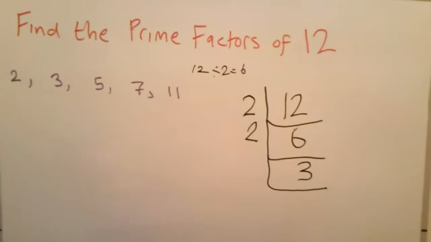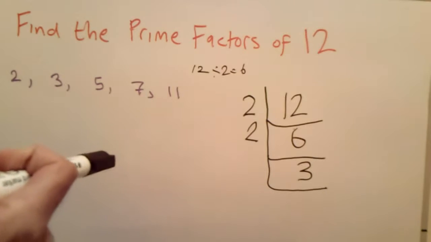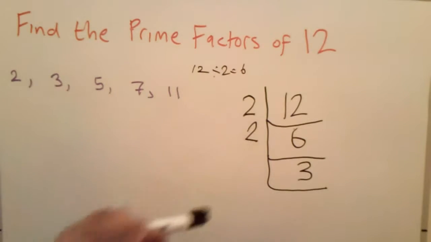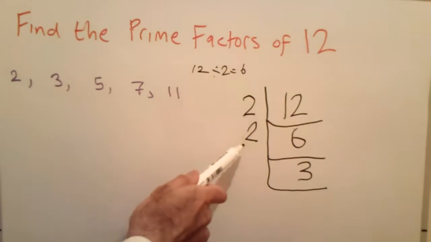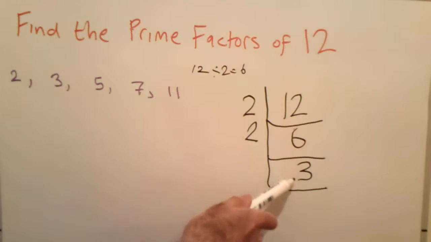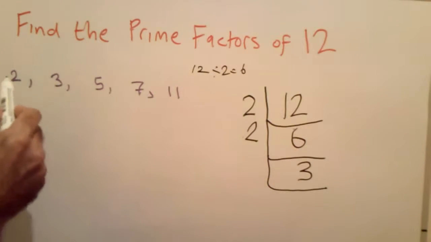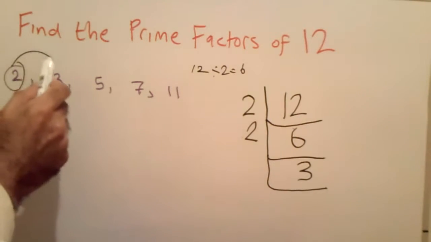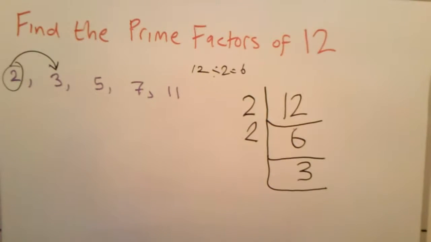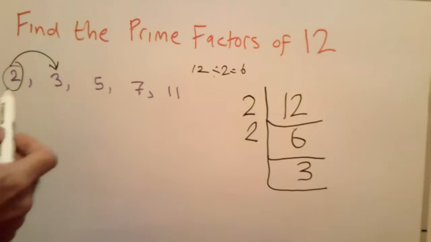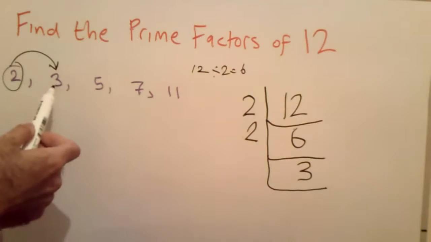Now we continue on with the smallest prime number we've got. Does 2 divide into 3 to give us a whole number? No, it doesn't. So when our smallest prime number doesn't divide exactly into what we've got here, we move on to the next largest prime number, which after 2 is going to be 3.